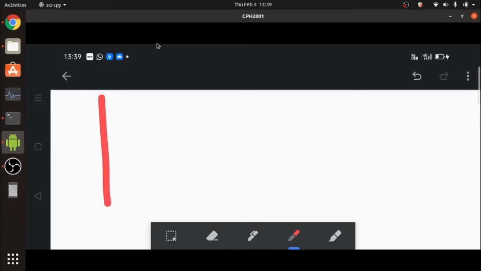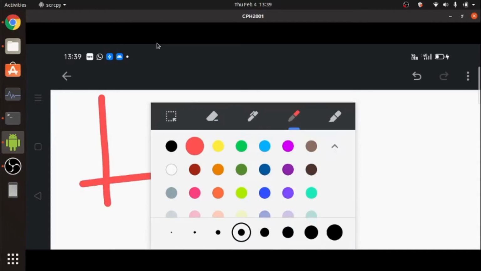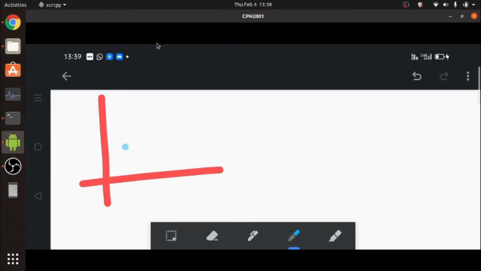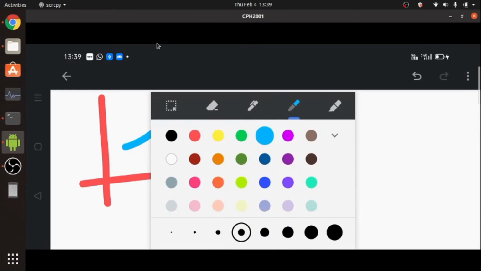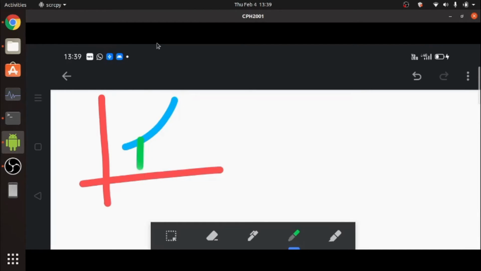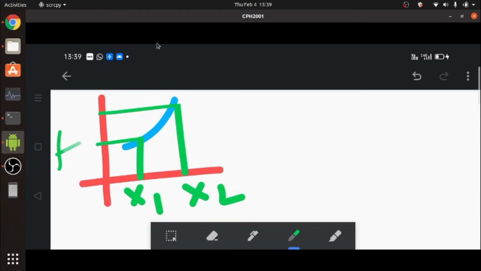So let's say this is a graphical form of a function, and we have x1, x2, and this is f(x1) and this is f(x2).